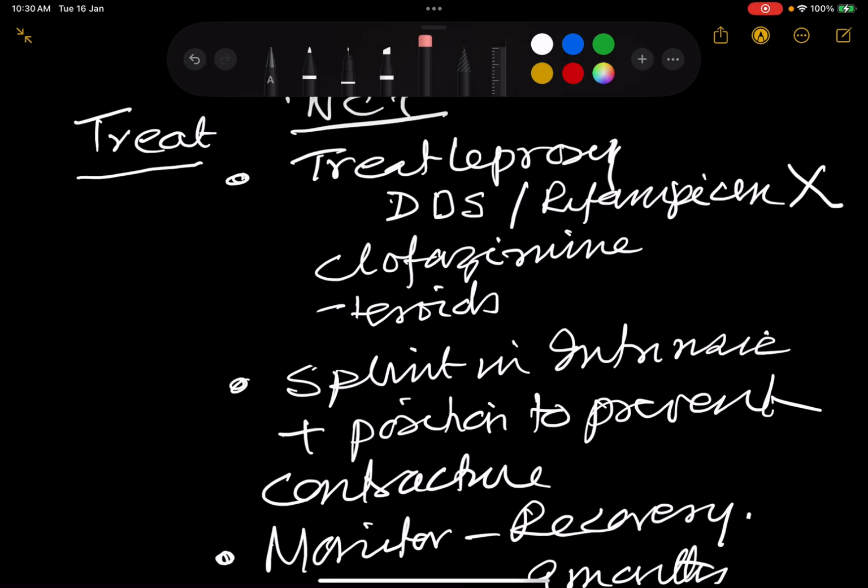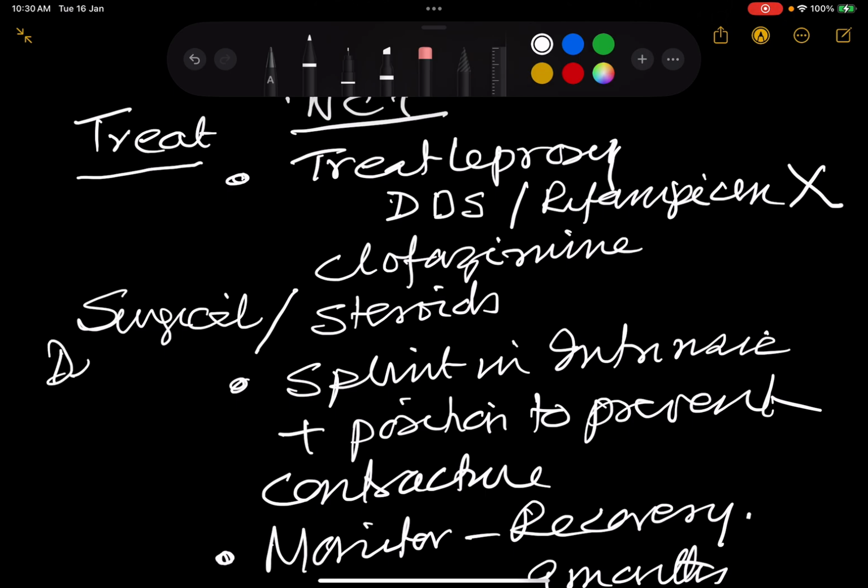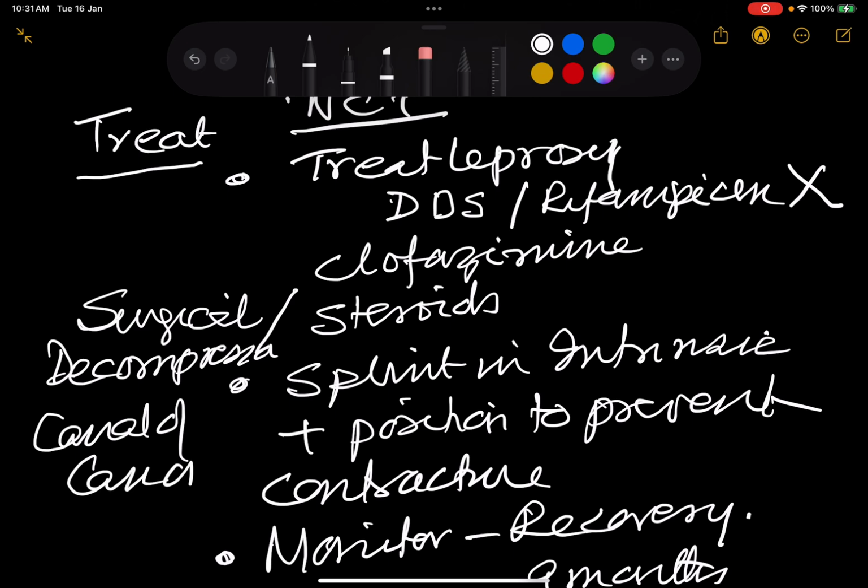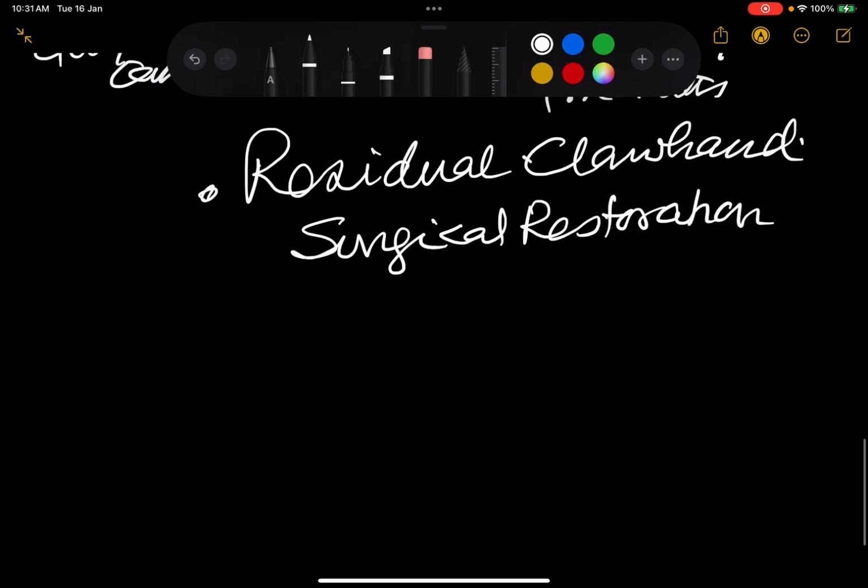So you can decompress by steroids, but you can also decompress surgically, and the surgical decompression is of the canal of Guyon or the Guyon's canal. You open that so that the nerve is decompressed.